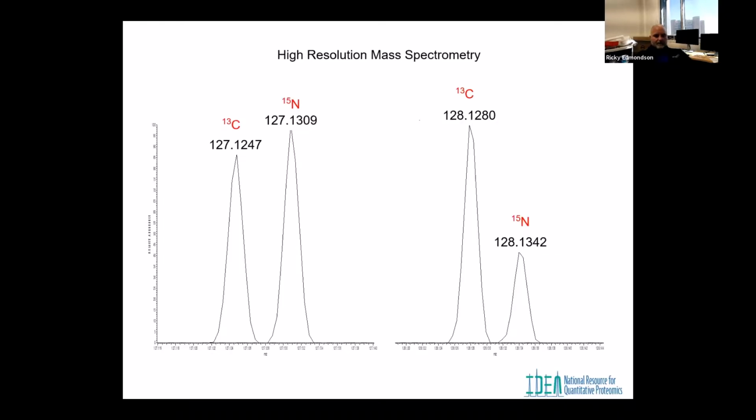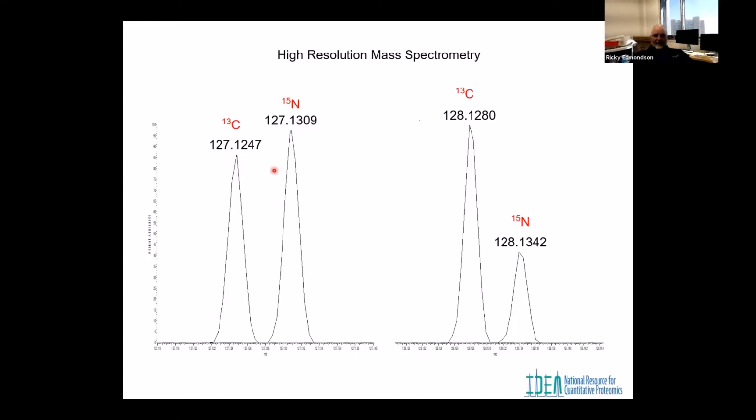This is actually a spectrum of a tag that we're going to talk about a little bit later, where we label these proteins with known isotopic elements, and the mass spectrometer is good enough to distinguish between a mass that's 127.125 and 127.131. This is the carbon-13 or the nitrogen-15 isotope that essentially both weigh 127.